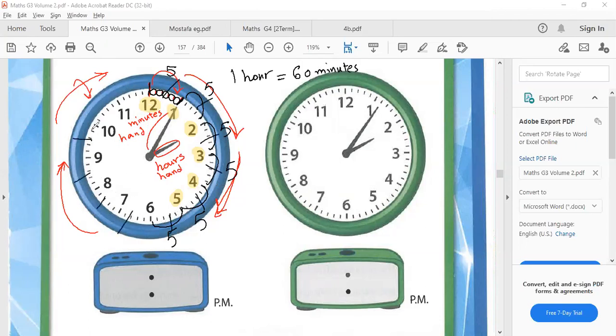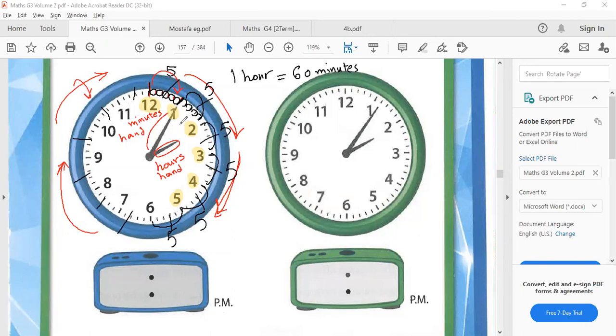You have 6 fives, and 6 fives will be 30. You have 12 fives, I'm sorry. 12 fives will be 60 minutes. So between any number and the next number, it will be 5 minutes, and the smallest step here is 1 minute.